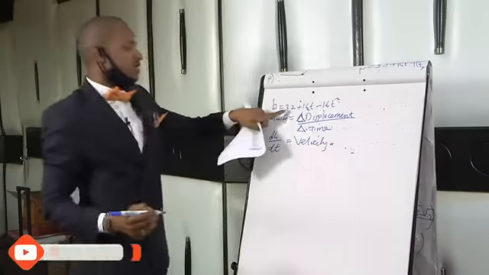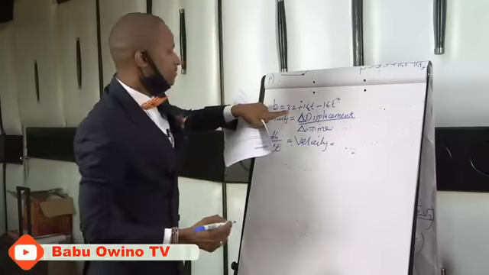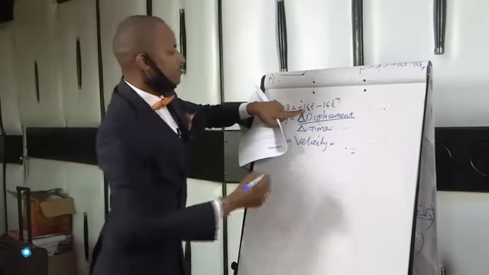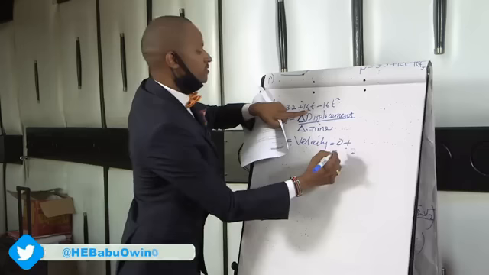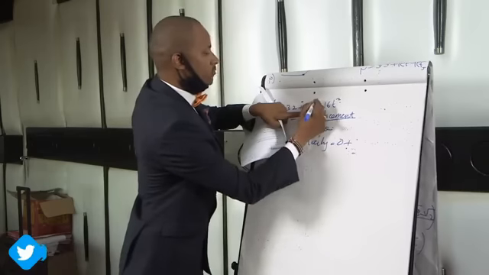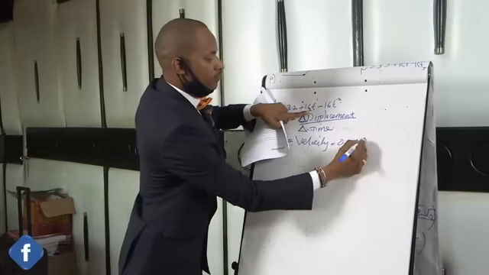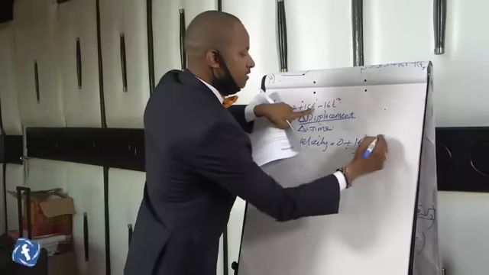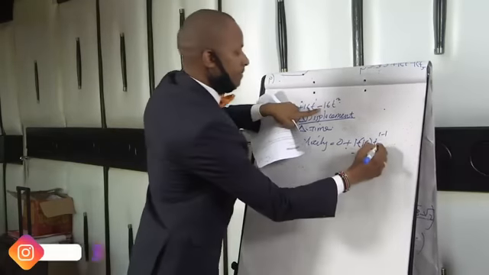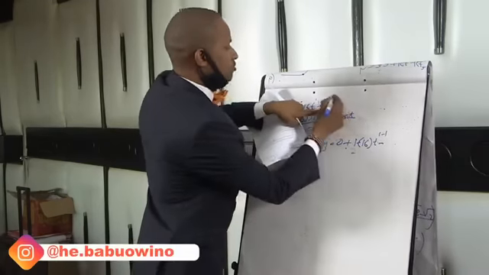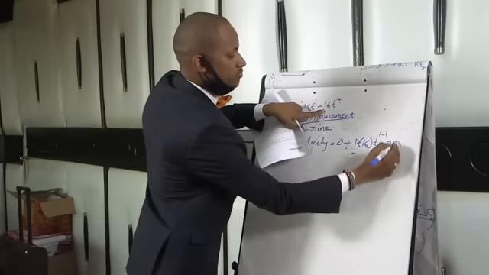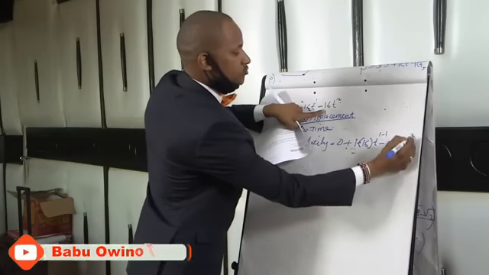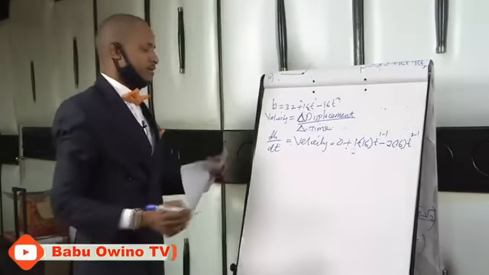When you differentiate 32, you get 0. Plus, when you differentiate 16t, you drop 1 down. That is 1 into 16, you multiply by the constant, then t to the power 1 minus 1. Minus, you drop 2 down. That is 2 into 16, t to the power 2 minus 1. You subtract 1.